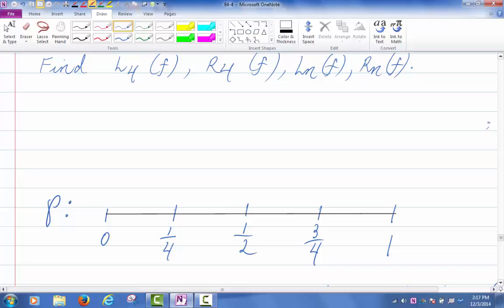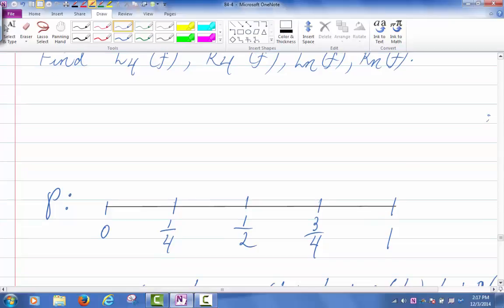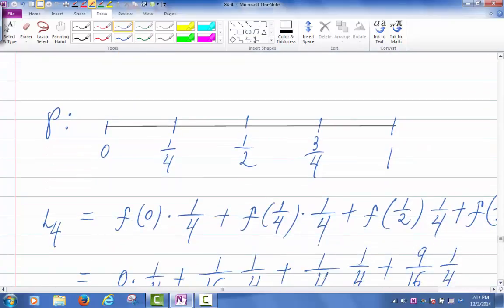So what are the partition points? First one is of course 0. The second one would be 1/4. What would be the next one? 2/4 or 1/2. The next one would be 3/4, and the next one would be 1. So these are my partition points. How many subintervals do I have? 4.